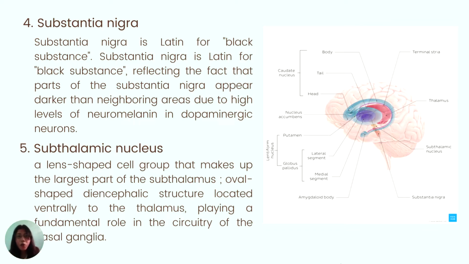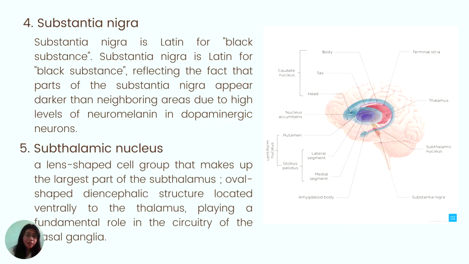And as we all know, dopamine is a neurotransmitter, which means kapag nagkulang ang cells ng dopamine sa substantia nigra, so mababawasan siya na nagre-result sa depression kasi 'di ba ang dopamine ay happy hormone. So, yun. Kapag kulang siya sa substantia nigra, doon nagkakaroon ng depression ng isang tao.